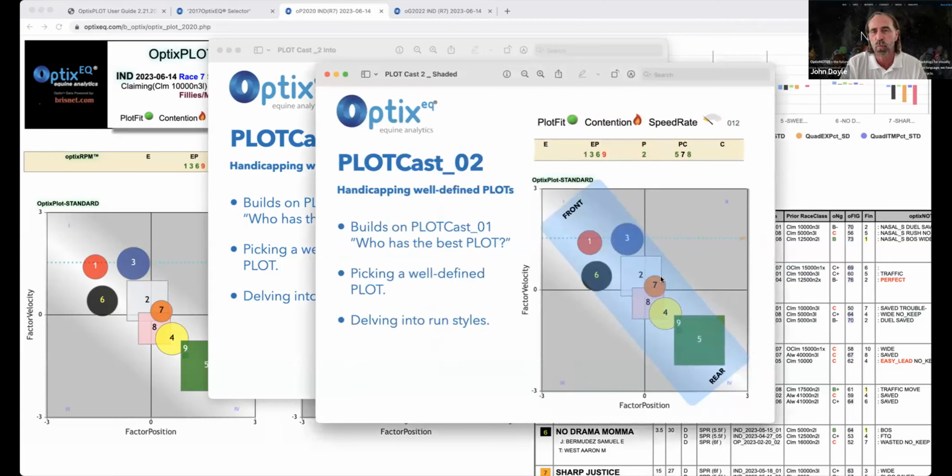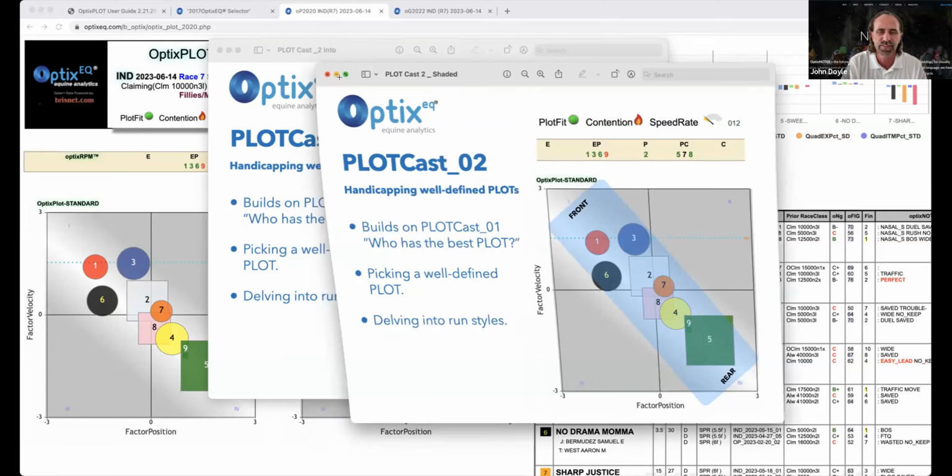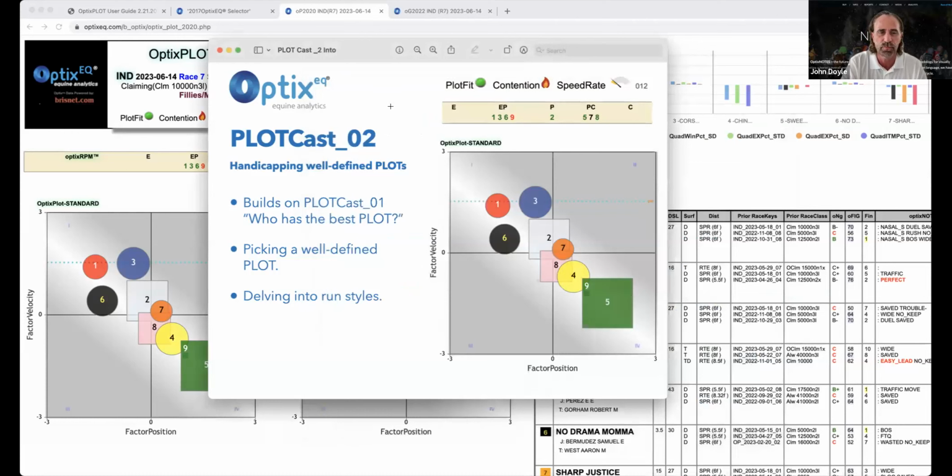There actually is a white band. It's hard to see in the gray, but there's a white band that goes diagonally, and this is shading to that white band. You can see all the horses fit nicely and neatly in there. So when you see a plot like this, it's more predictive. Okay, so just keep that in mind. You don't usually see them this well defined. When they are, you want to take advantage of it.